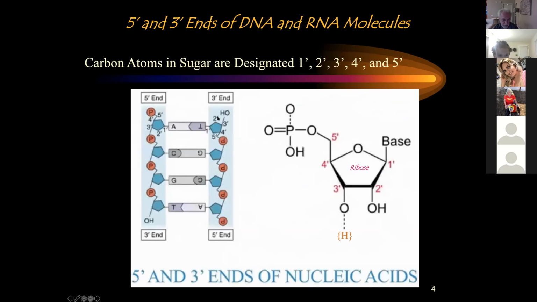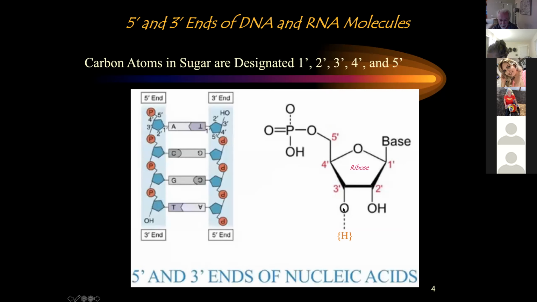On the left, you see 4 nucleotides joined together. The key to 3' and 5' refers to the sugar, ribose or deoxyribose. The carbons in the sugar are numbered 1', 2', 3', 4', and 5'. So 3' and 5' refer to these 2 carbons, 3' here, 5' here.